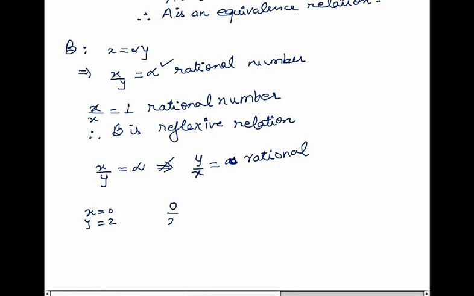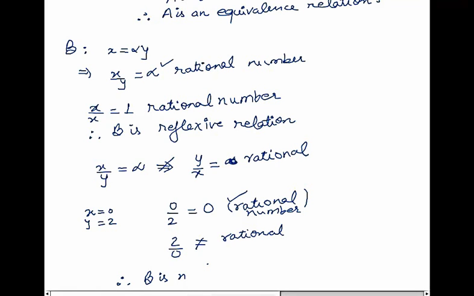So we have 0 over 2 that is equal to 0, which is a rational number. But if we do 2 over 0, that is an undefined quantity, so this is not a rational number. So B is not transitive in nature, therefore B is not an equivalence relation.